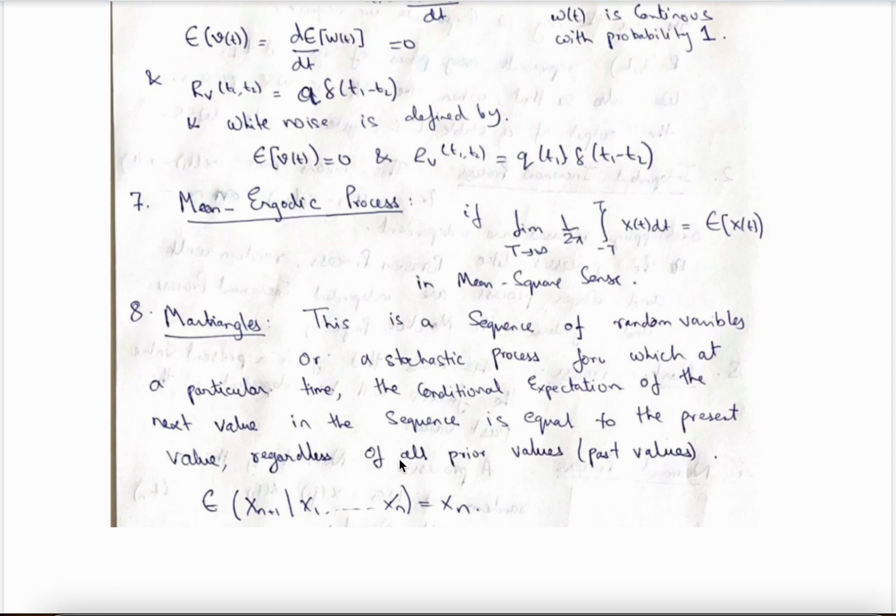So basically the probability of x(n+1) given x1 to xn will only depend on xn. This is the conditional expectation of the next value of the sequence being equal to the present value: the expected value of x(n+1) given all the previous values is equal to xn.